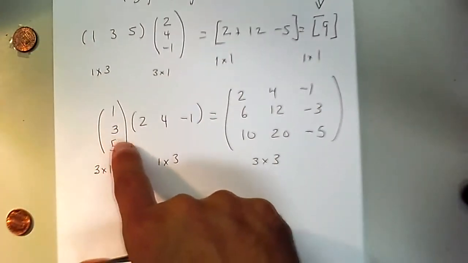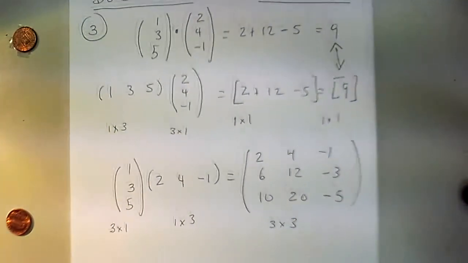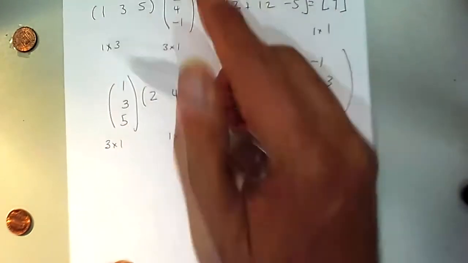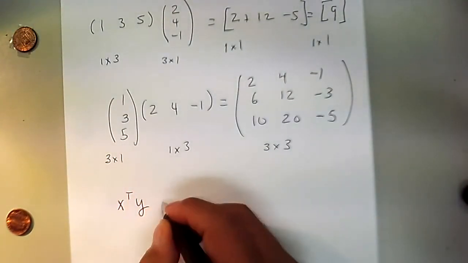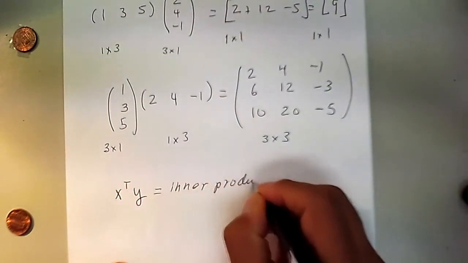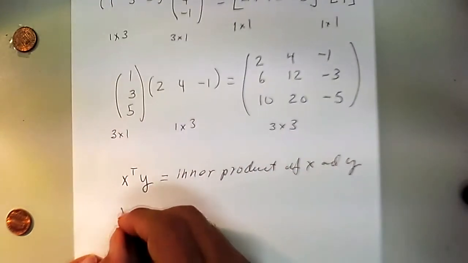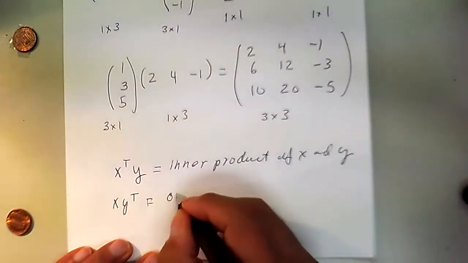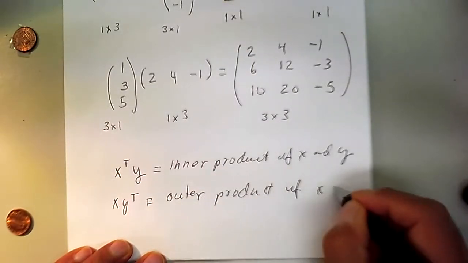And the outer product of those two vectors is this. So pretend this is the vector x and this is the vector y. So x transposed with y gives us the inner product of x and y. x y transposed, this one, gives us the outer product of x and y.